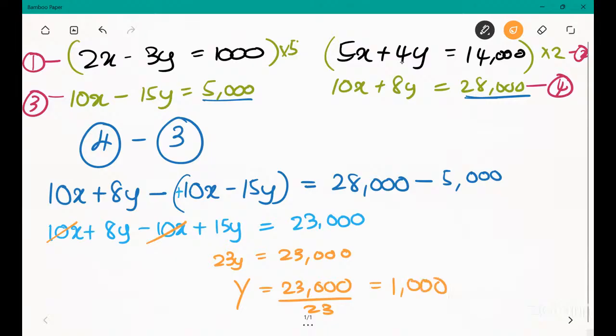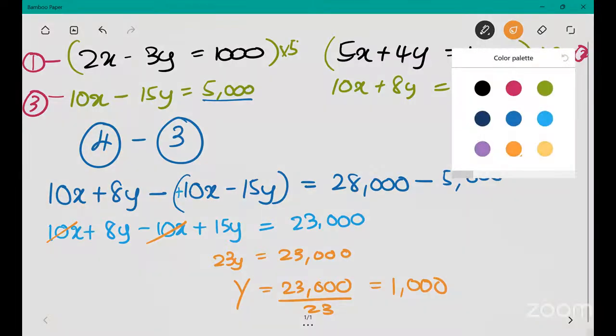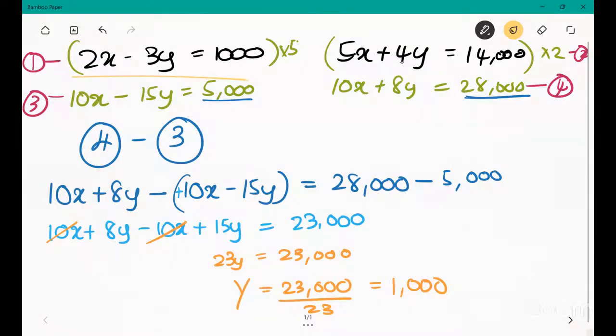Now you have found the value of y, so you can very easily find the value of x using any one of the equations. You have 4 equations here. Using any of them you can find it, but always try to pick the equation with the smallest values. Then it's highly unlikely for you to make even silly mistakes.